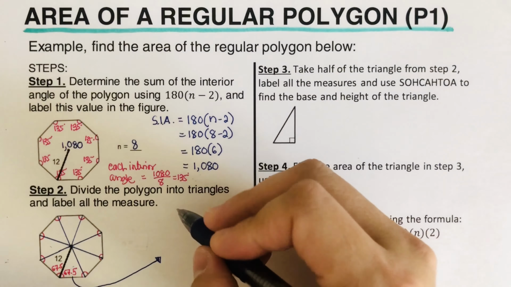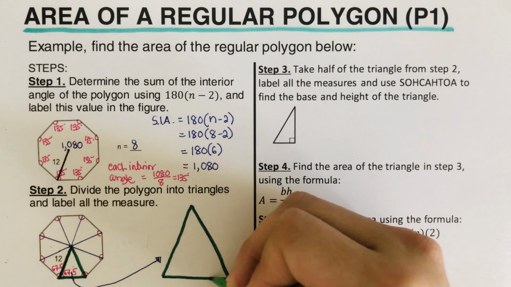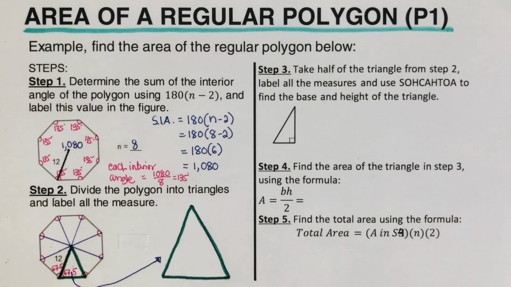This green piece had been taken out, and I put it over here and made it big so that we can see what's going on. The measures for this green triangle would be, this is 67.5, this is 67.5.